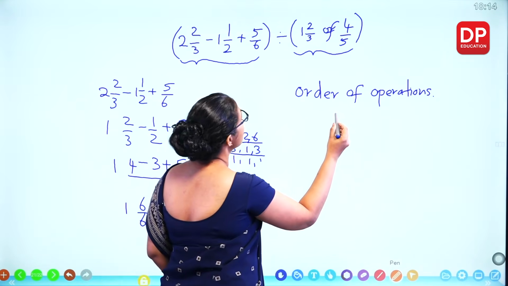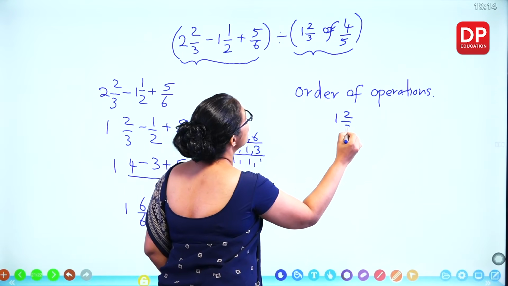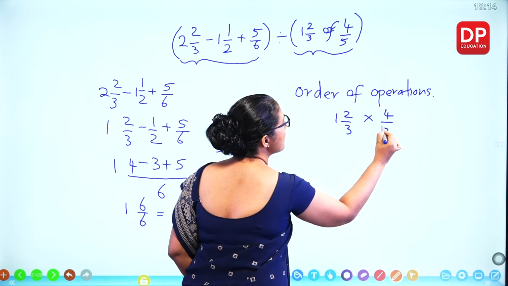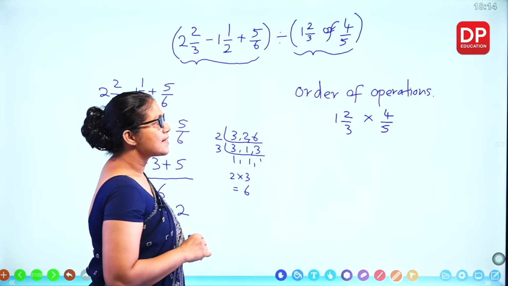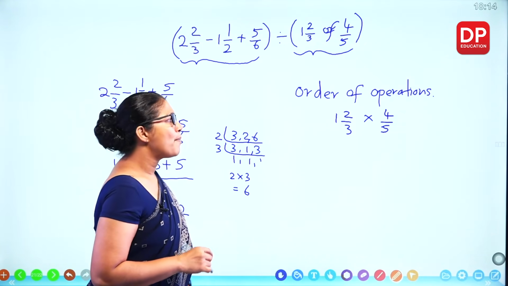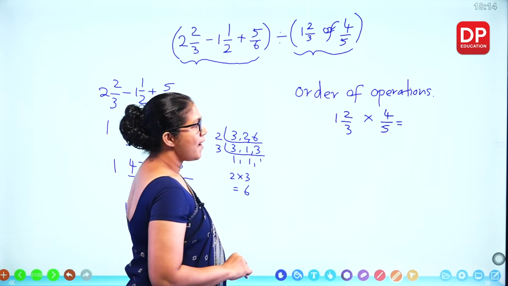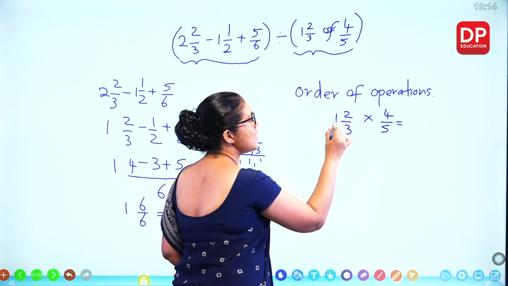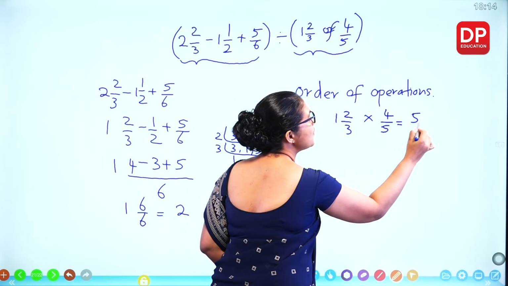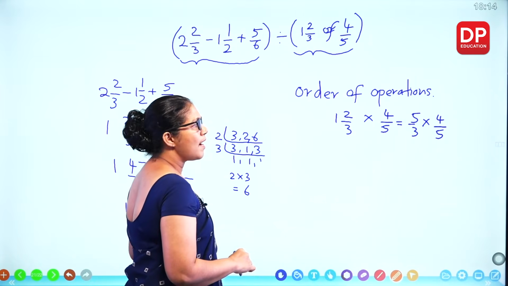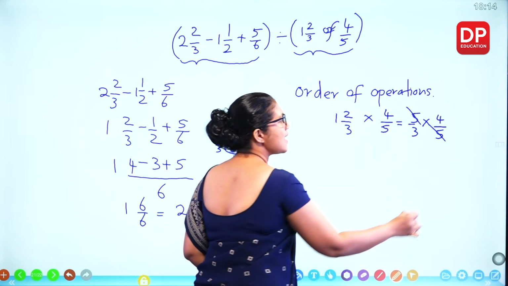So the second part says 1 and 2/3 of 4/5. Of means multiply. So here is a mixed number and a proper fraction, so convert to improper fractions first. 3 times 1, 3. 3 plus 2, 5/3 times 4/5. Try to simplify. I can see 5 gets cancelled out.